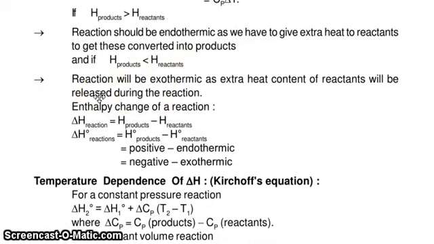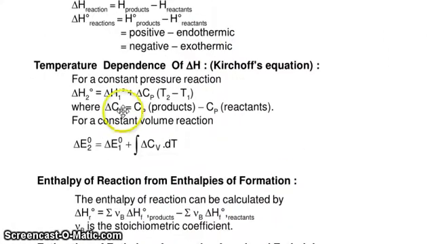Reactions will be exothermic as the extra heat content of reactants will be released during the reaction. So enthalpy change of the reaction: you can see products minus reactants. So positive is endothermic and negative is exothermic.